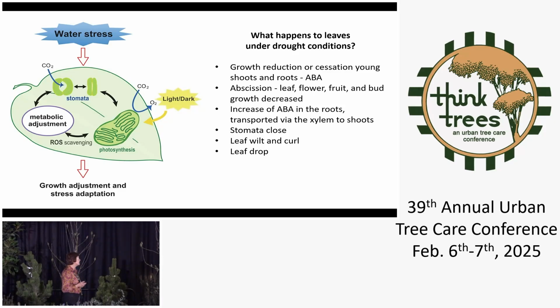So there is the increase of abscisic acid, and then if things cannot be slowed down enough in the metabolism, eventually there will be a decrease in growth, and the youngest leaves and the youngest roots are most vulnerable to that, so that happens pretty quickly. But then for a lot of the other parts, like more leaves, fruit and buds, the growth decreases or stops altogether. And the stomata eventually close, the leaf wilts, curls, and there is leaf drop.